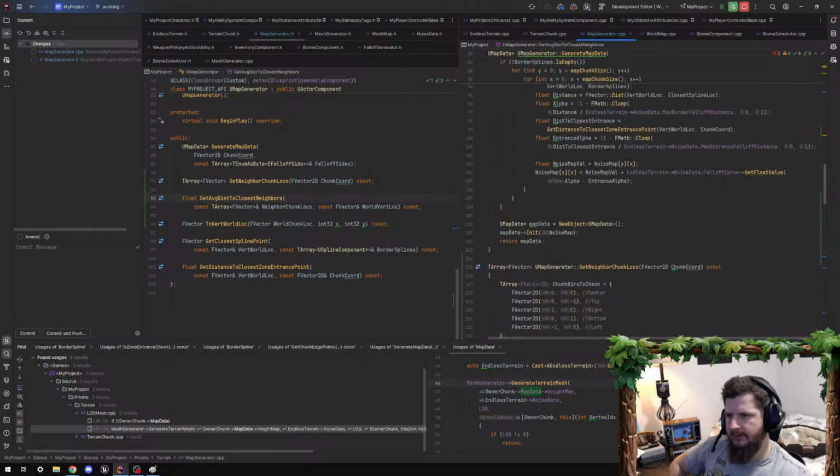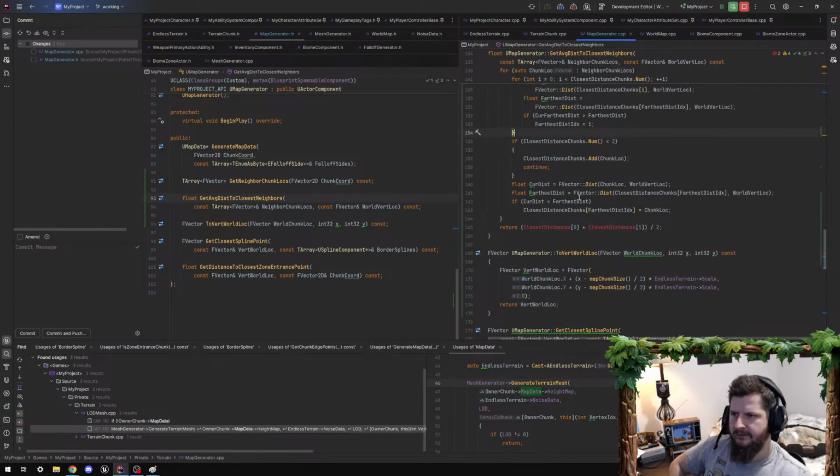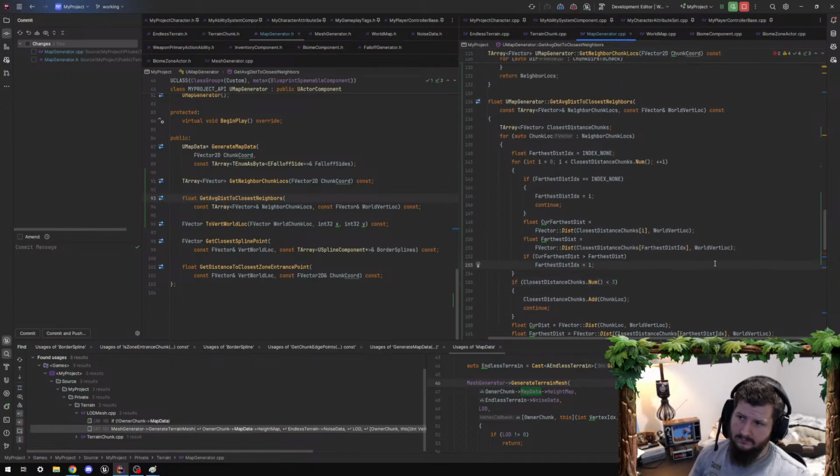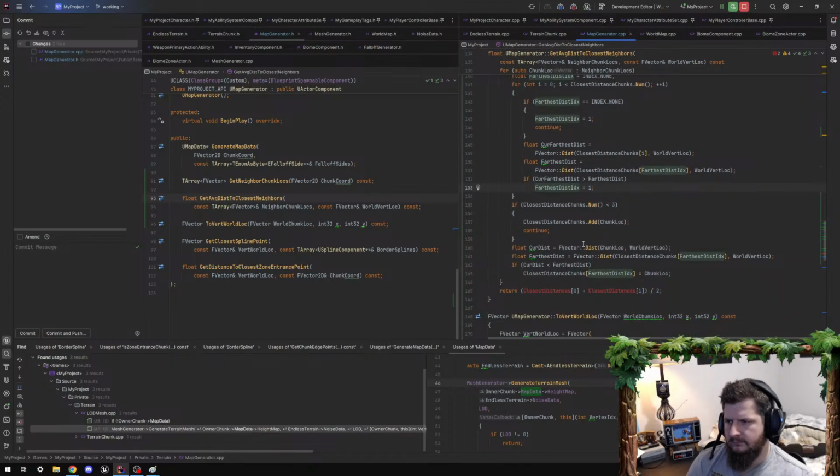Wait, did I include the... I included the center, so I actually want the closest 3, because that should include the center as well. Closest distance chunks. Okay, so I should have 3.